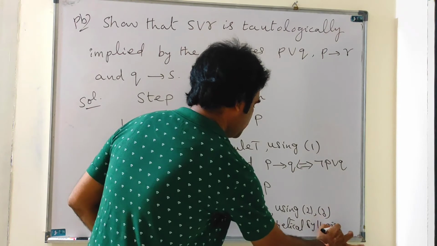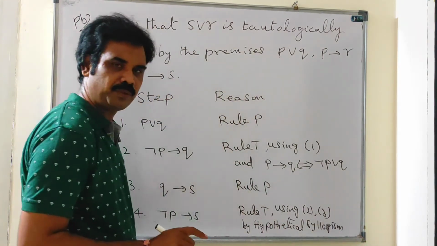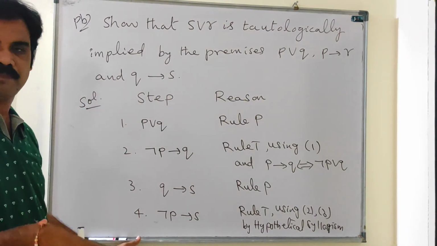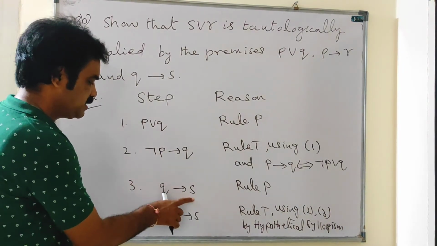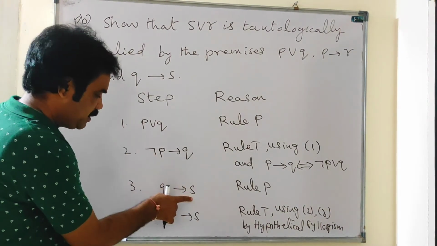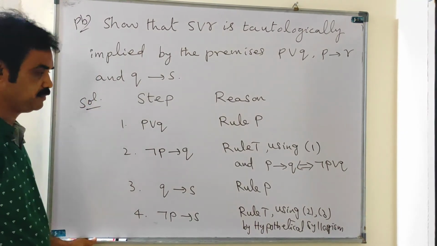Hypothetical syllogism means P implies Q, Q implies R, imply P implies R. Negation P implies Q, Q implies S. From that, negation P implies S. That is hypothetical syllogism.